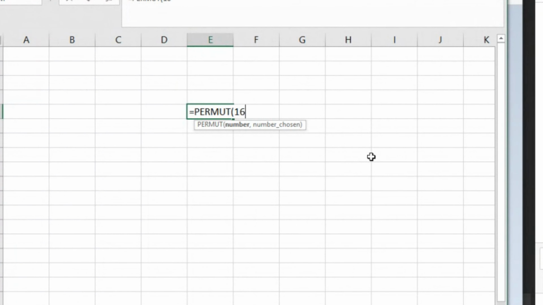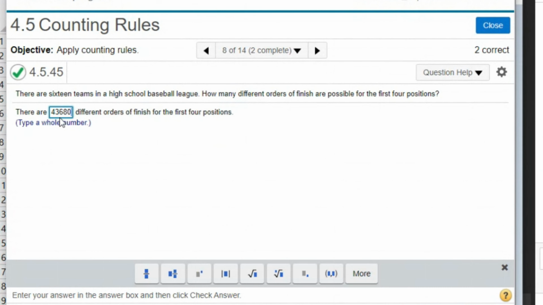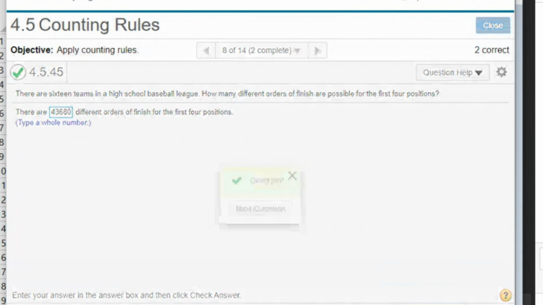So 16 for the number and 4 for the number chosen. So 16, comma 4, close parentheses, hit enter, and we get 43680. So Excel really excels here. 43680, and that's correct.